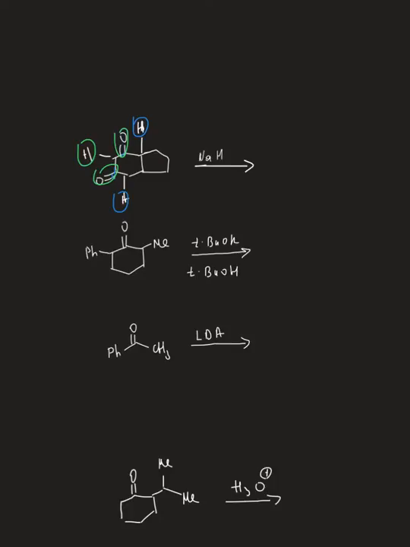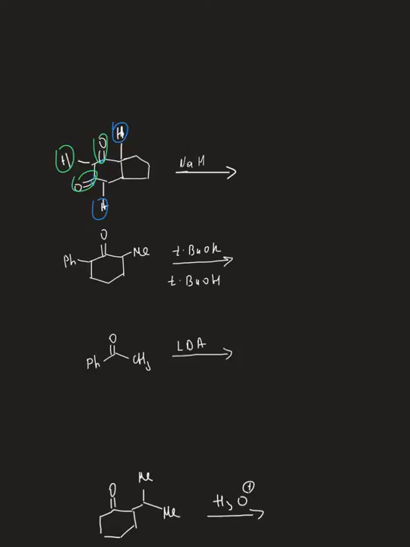So if we draw the enolate now, we have our six-membered ring flanked by another six-membered ring. We can write it this way, with sodium.